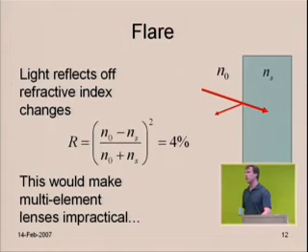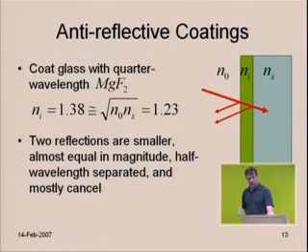So there's only 4 air-glass interfaces, and even lenses like that would exhibit fairly draconian amounts of flare. And towards the middle of the 20th century, they developed this wonderful technology of coatings, which, to a first approximation, almost eliminated the problem.